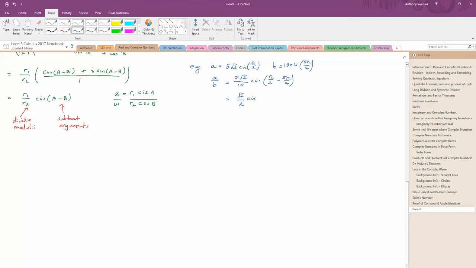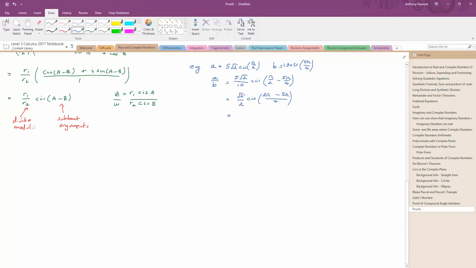CIS now, pi over 2, the common denominator would be 4, so that's going to be 2 pi over 4 minus 5 pi over 4.